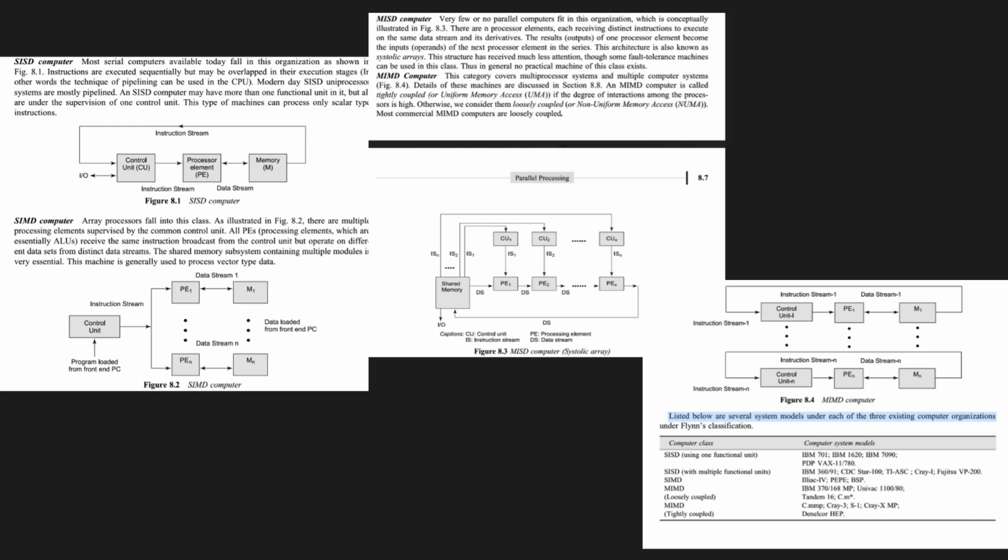IPC, instructions per cycle, is another critical metric showing how efficiently a processor executes instructions per clock cycle. So by analyzing these metrics, designers can optimize the hardware for specific applications like gaming, AI, and data processing. Understanding these techniques is essential for evaluating and improving the computer system.